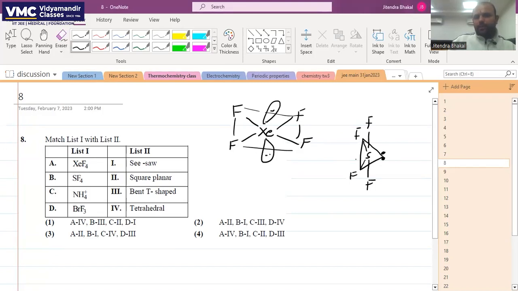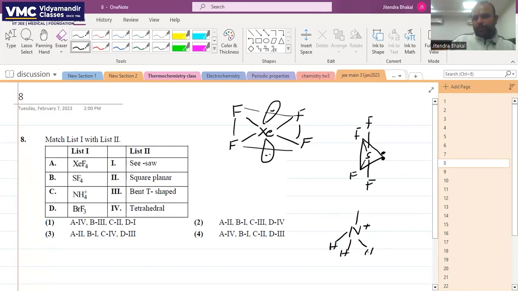So we have a seesaw structure. We will match with the first one. NH4 plus is a tetrahedral structure.